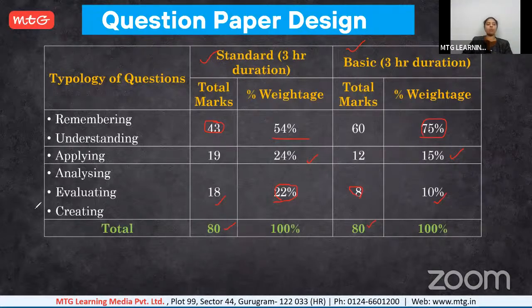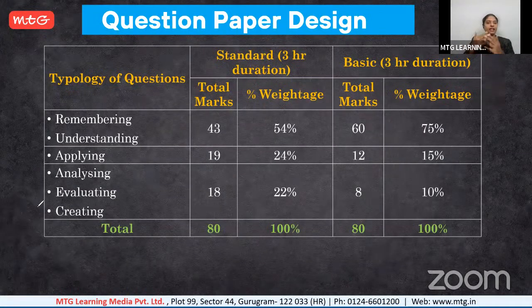So overall, what I want to show on the screen is in which category of questions you have a lot of scope to score, and which category of questions is going to make you feel difficult. For this category, either the 43 marks or the 60 marks, it is going to be a bit easy. If you are very good with your basic concepts, you can easily clear it.